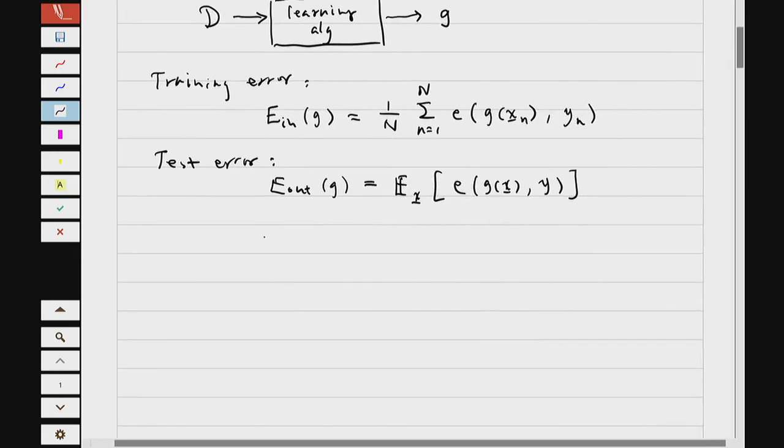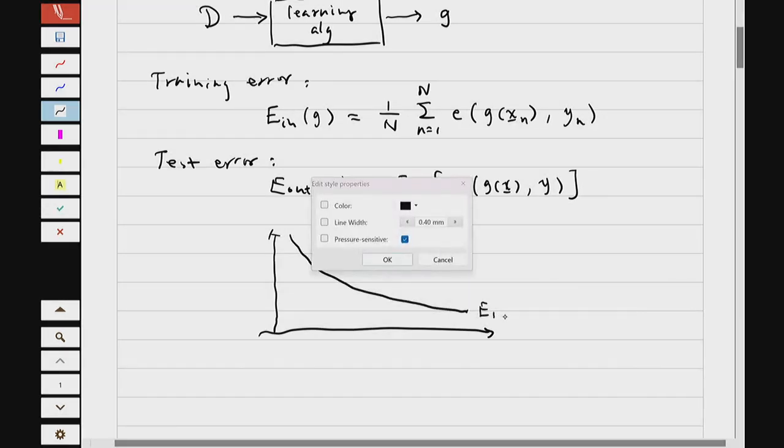And as we know very well by now, there is no exact mapping between the training error and the test error, right? This E in goes down, and the x-axis can be anything, really.